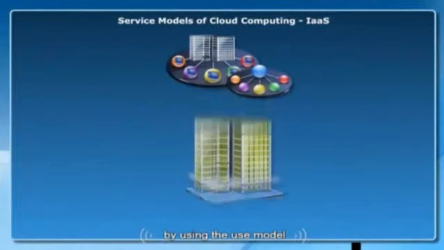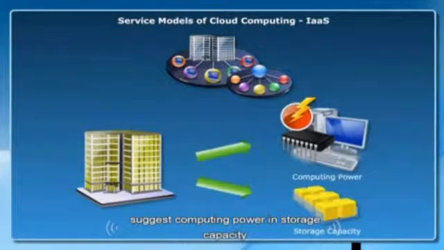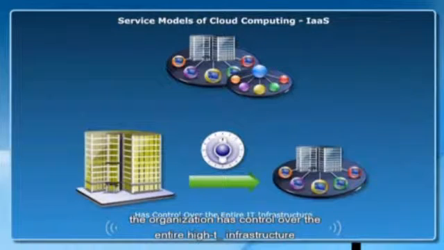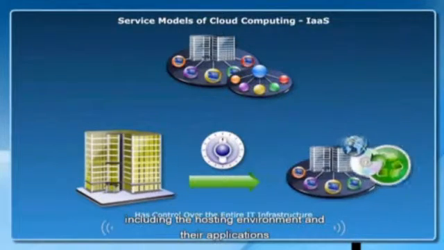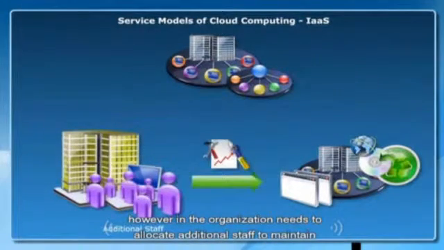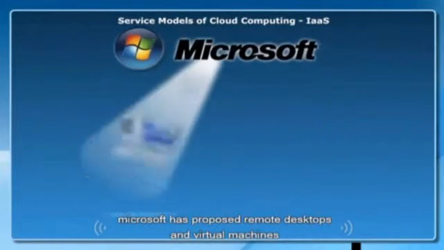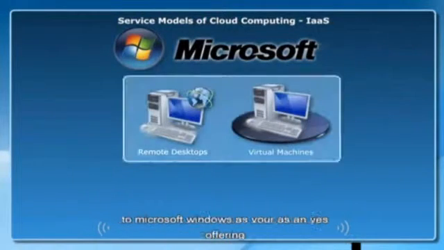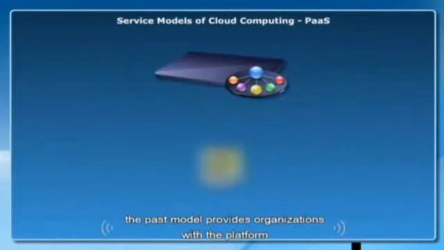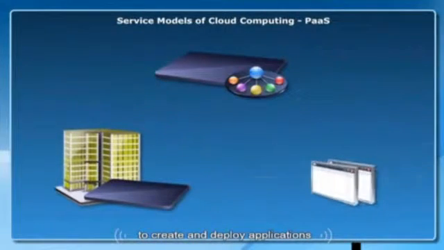By using the ES model, organizations get infrastructure components, such as computing power and storage capacity. Here, the organization has control over the entire IT infrastructure, including the hosting environment and their applications. However, the organization needs to allocate additional staff to maintain and manage the infrastructure and the application. Microsoft has proposed remote desktops and virtual machines to Microsoft Windows Azure as an ES offering. The Paas model provides organizations with a platform or a runtime environment to create and deploy applications.